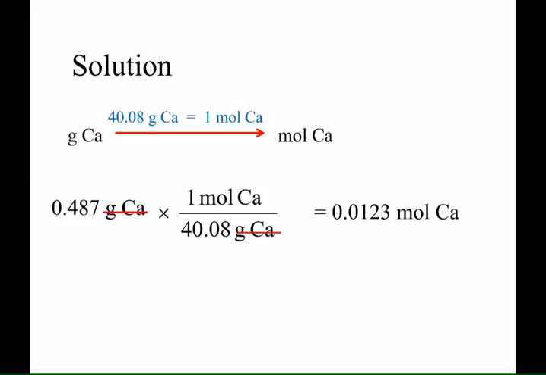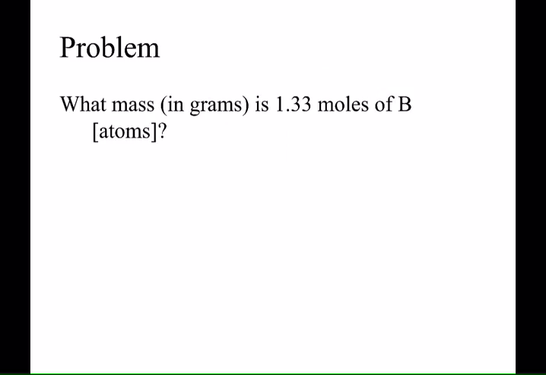Very good. That is what we call a grams to moles conversion, your first grams to moles conversion using the molar mass for the element. All right, let's do another one, and we're going to switch it up from calcium to boron.